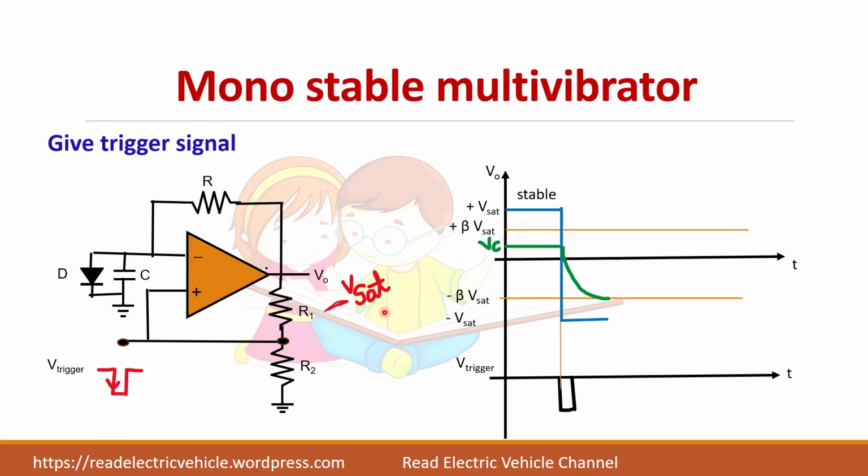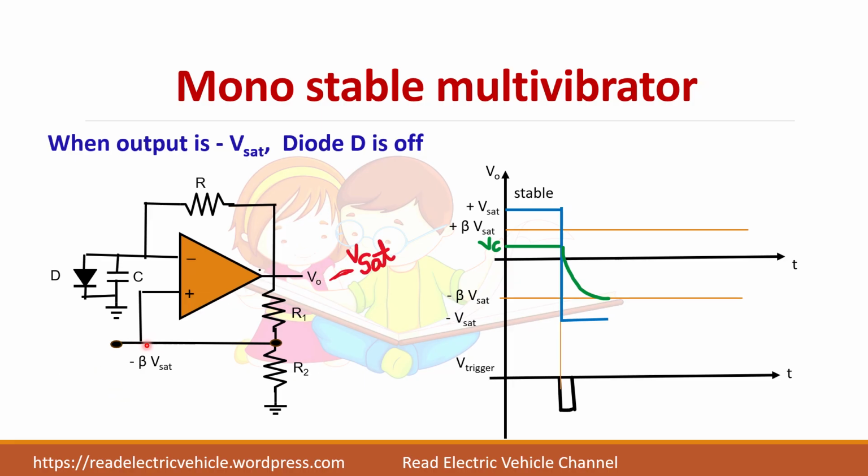We have already removed this triggering pulse because it is only short duration. So the reference voltage here is minus beta Vsat. Because it is minus Vsat here, it becomes minus beta Vsat here.